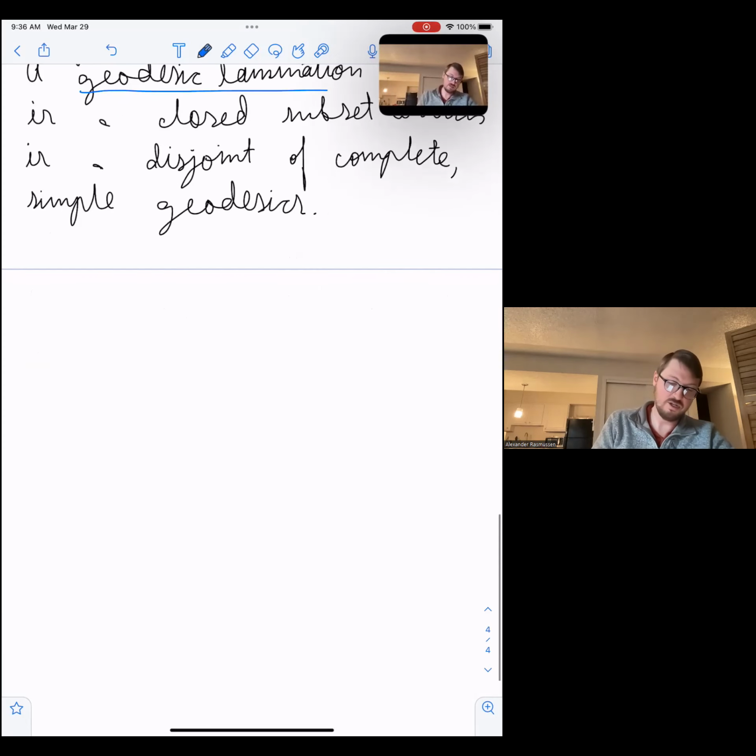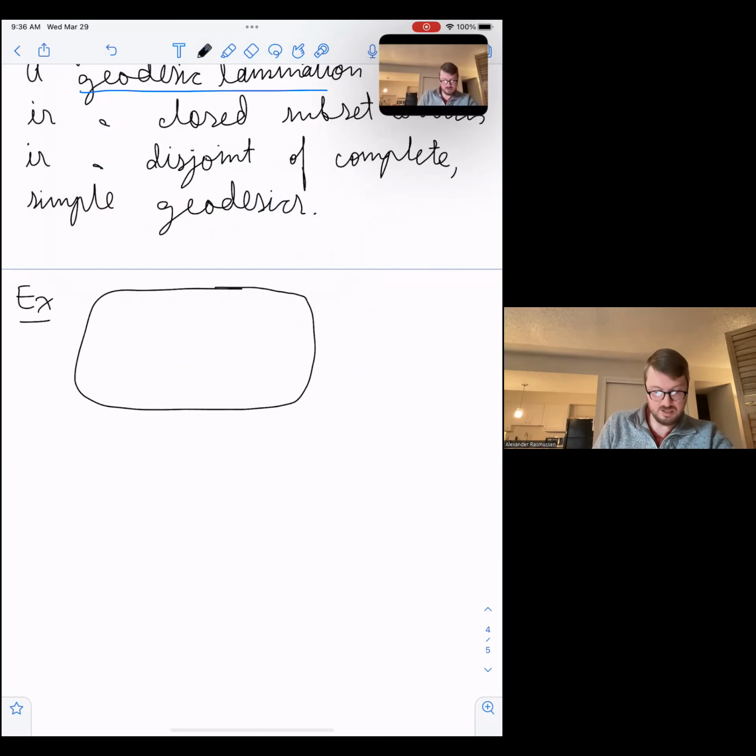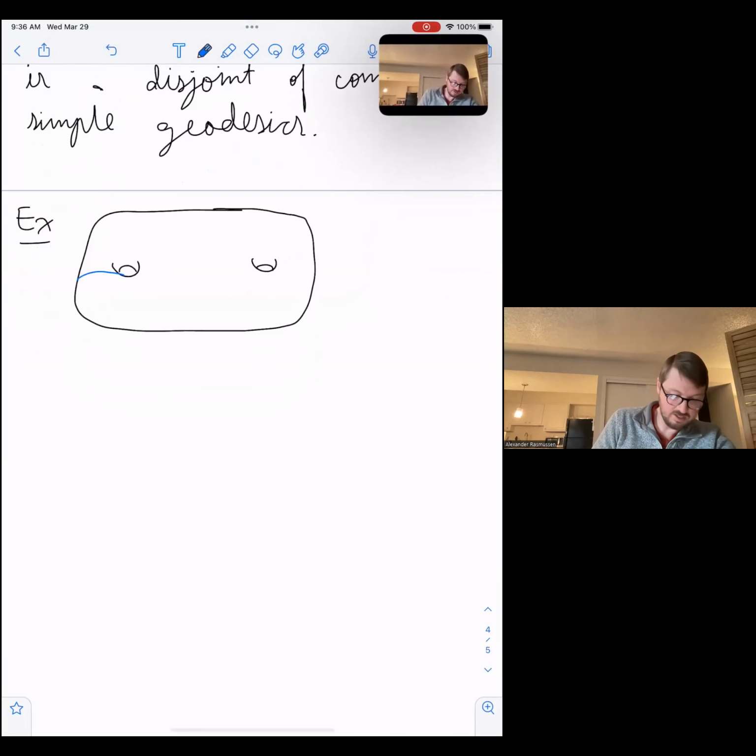So here's a very simple example of a geodesic lamination. Let's take that genus 2 surface. As an example of a geodesic lamination, we could just take, for instance, two disjoint simple closed geodesics and take their union.